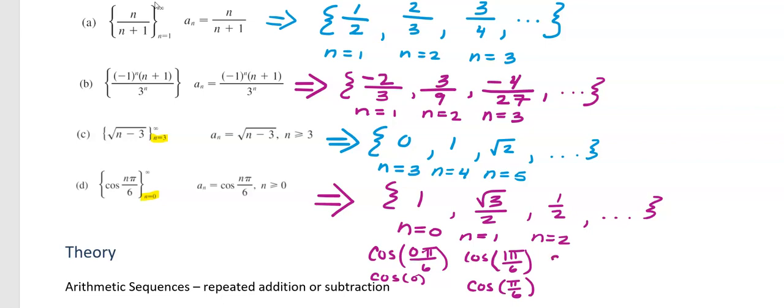And then for the next one, you would end up with the cosine of 2 pi over 6, and really that's just the cosine of pi over 3 if you reduce it, so that's 1/2. So you would definitely need to rely on some unit circle knowledge to help answer this question, and you could write as many values in the sequence as needed.